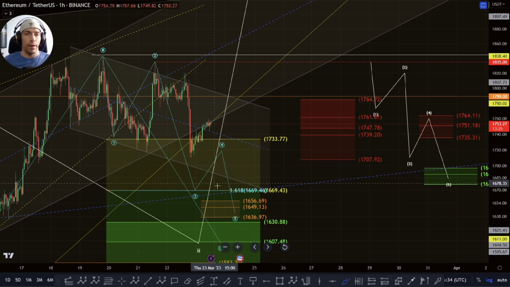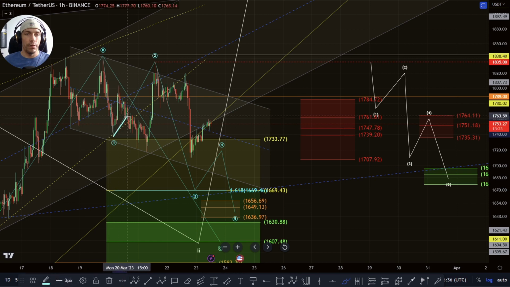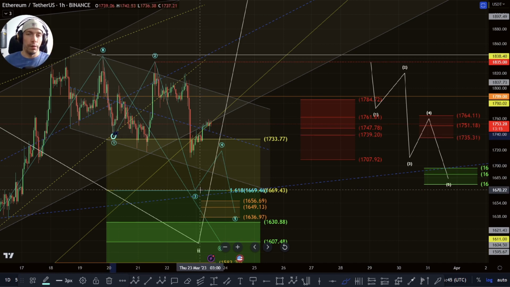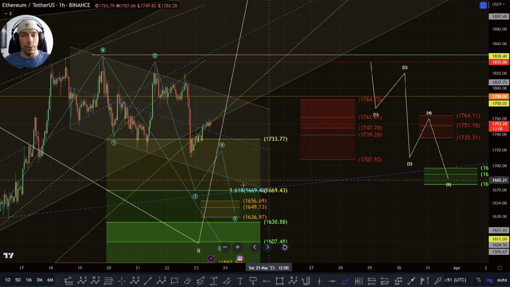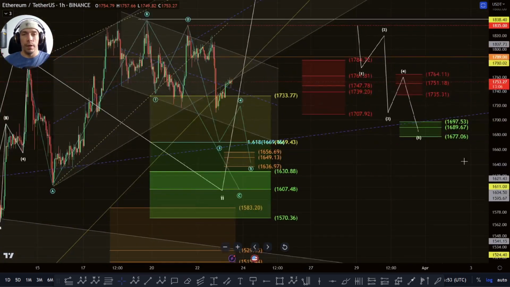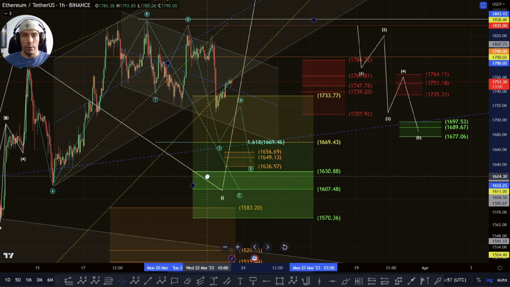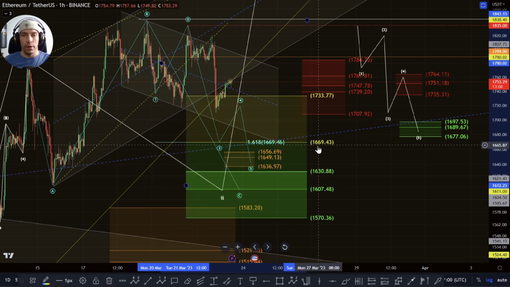The problem we have here is that because of the fact that this wave one, if we're counting it in this way, would be very close to this wave three. So effectively, what that means is this fourth wave wouldn't really have a lot of space to play out. So within that, what I'm looking out for is basically still keeping an eye on this area here, which is, if I just slide this over a little bit, this 1669, which would be that one-to-one of this A wave here.